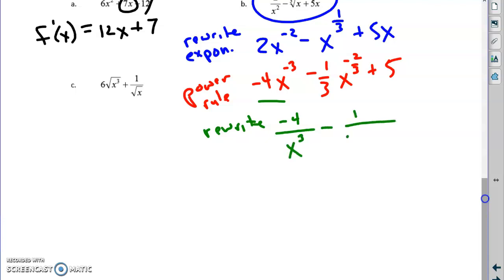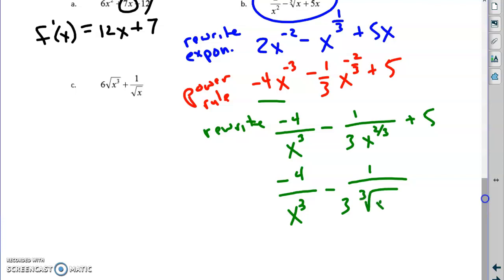Negative 4 over x cubed, plus 5. And one last step, let's say there's no fractional exponents either. Besides negative, there's no fractions. How could I rewrite x to the 2/3? Cube root of x squared. That right there is f prime of x.